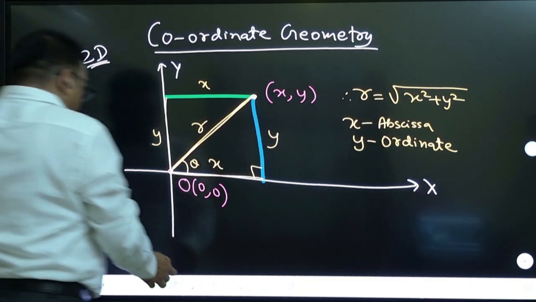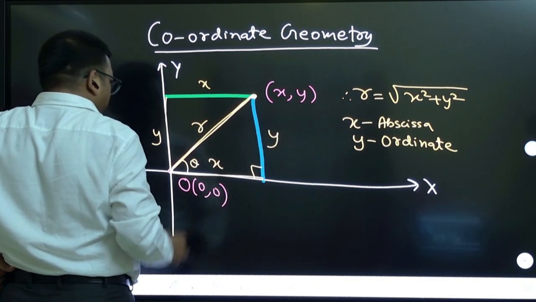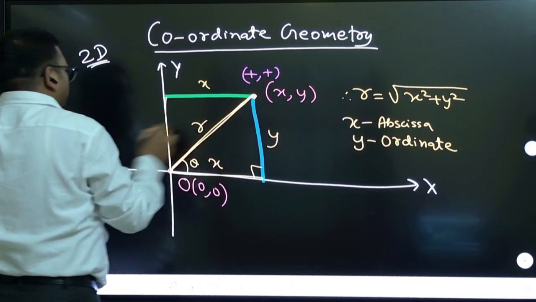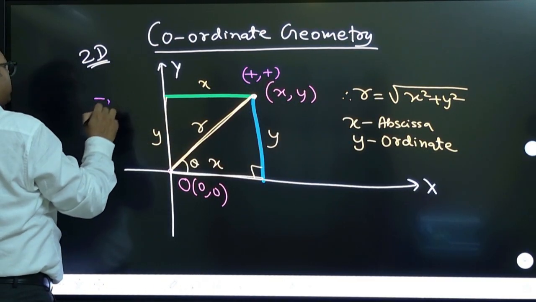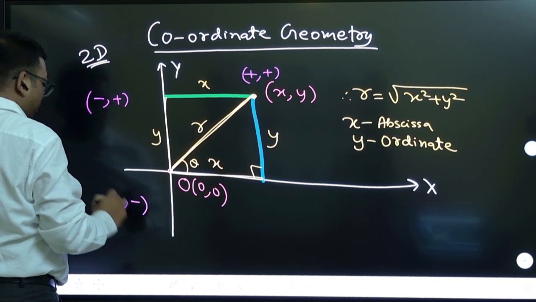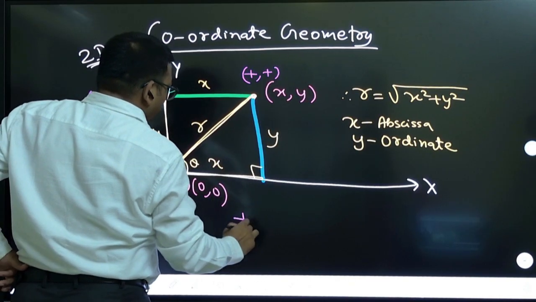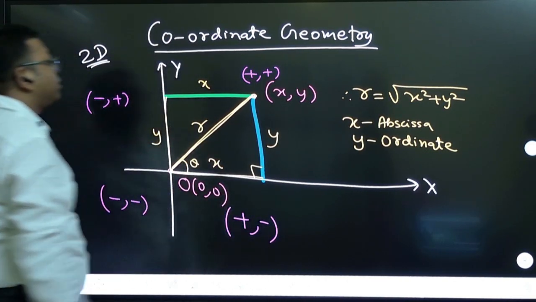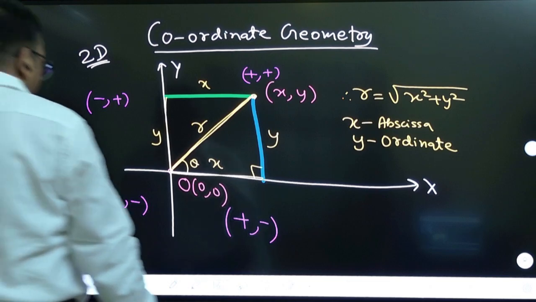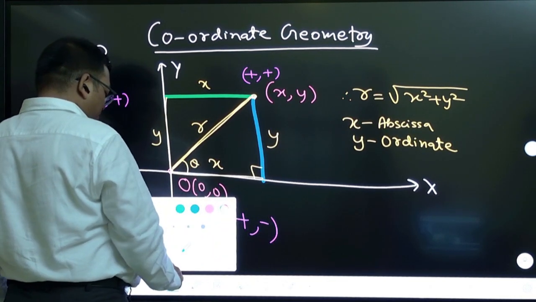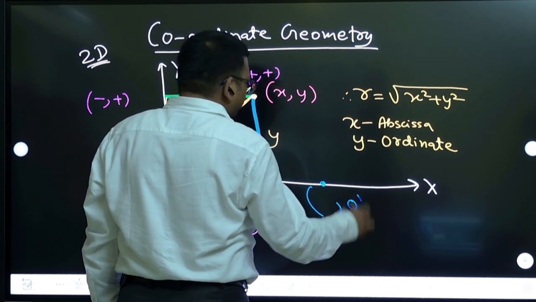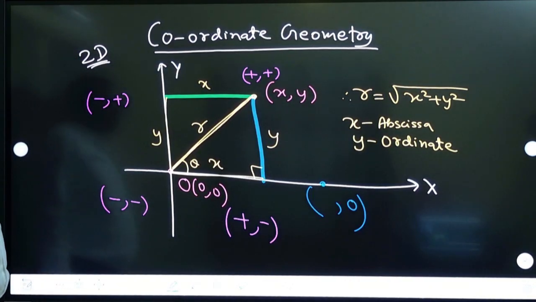And you know directions are there. In the first quadrant, x is positive, y is positive, so both are positive. In the second quadrant, x is negative, y is positive. Third quadrant, x is negative, y is also negative. Fourth quadrant, x is positive, y is negative. Right? Those things you know. And any point on the x-axis will definitely have y coordinate 0 because it is lying on the x-axis.